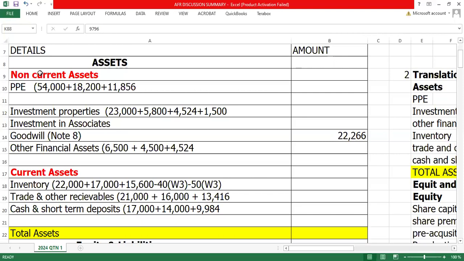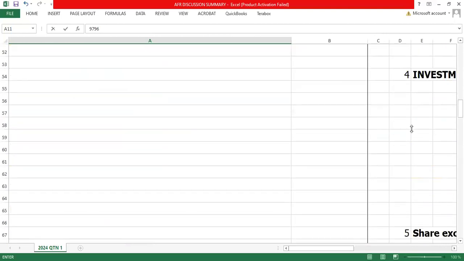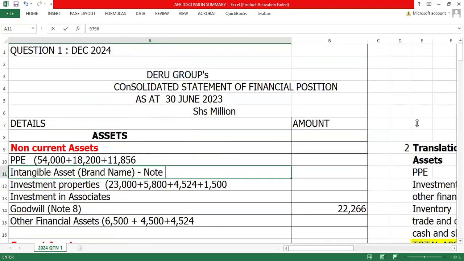Brand name is the name of an intangible asset. You can call it intangible assets, with brand name in brackets. You record it at its carrying value, which is 700, from note 6.